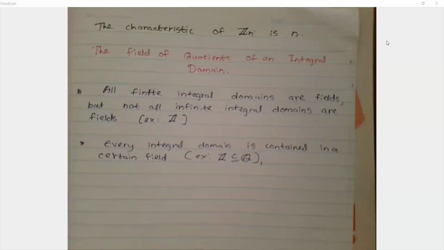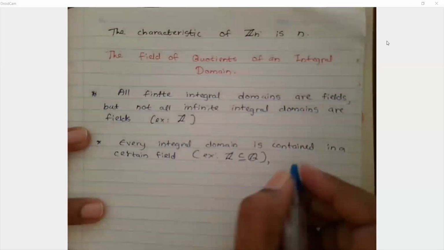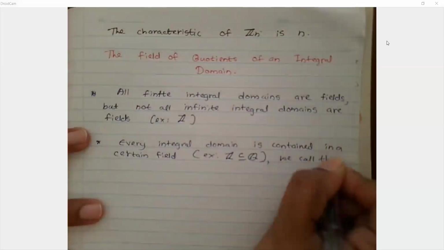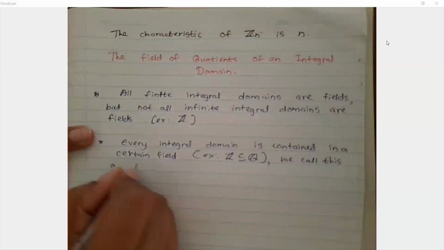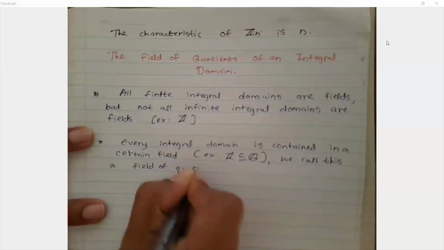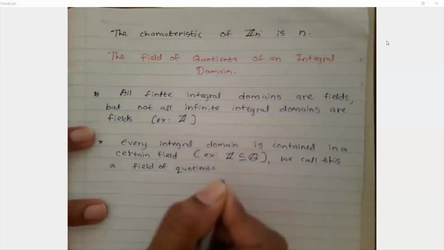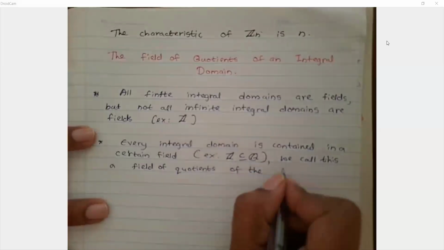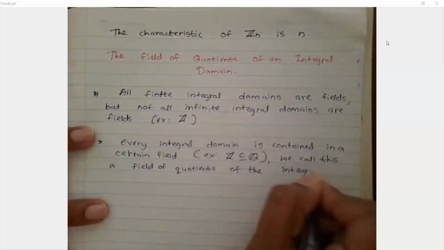And how do we define this field of quotients, or how do we construct it? We construct it using this integral domain, and the construction we will do. Field of quotients of the integral domain.